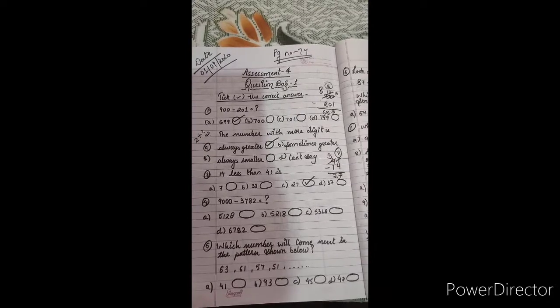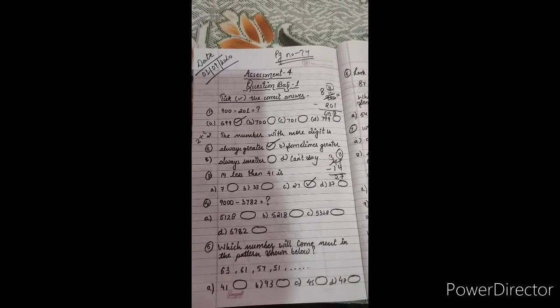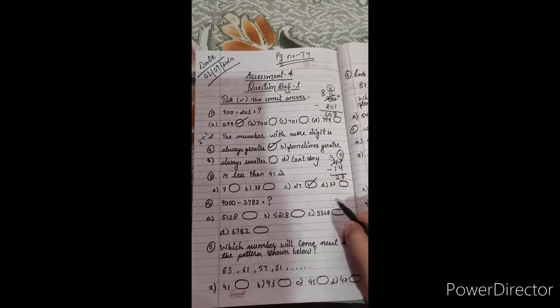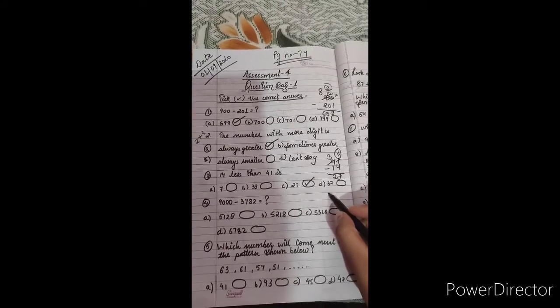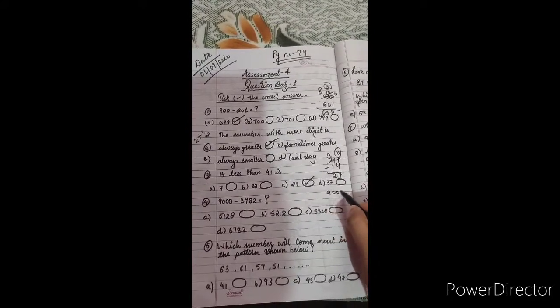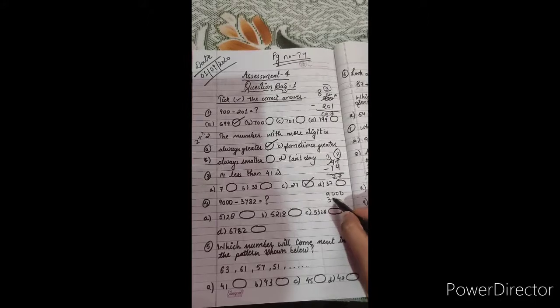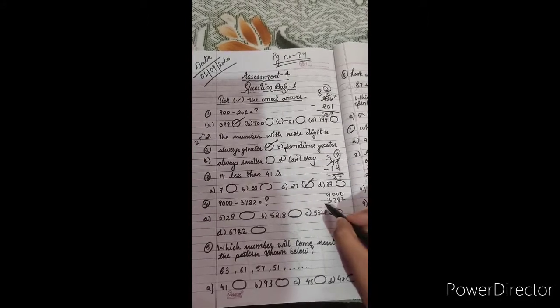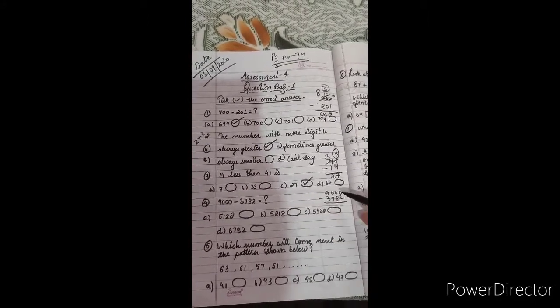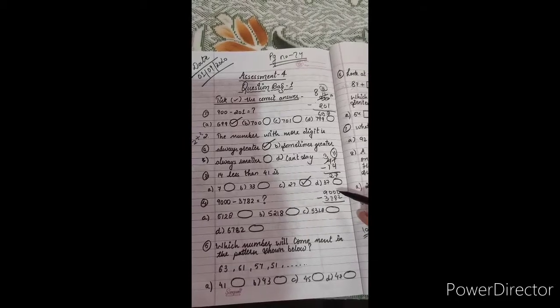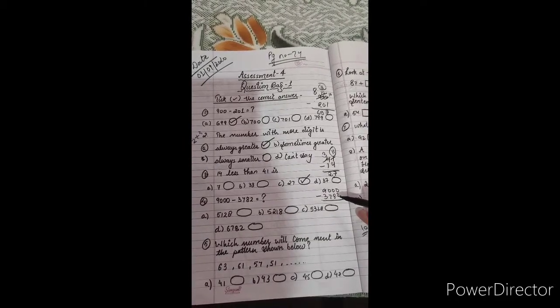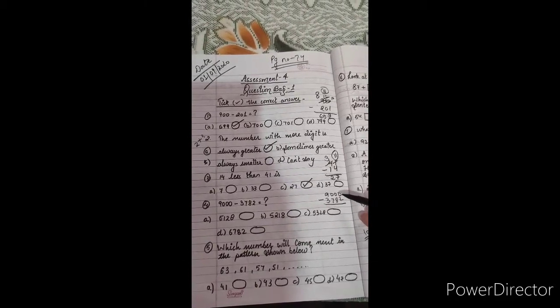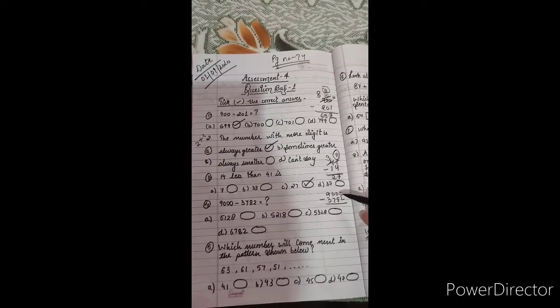Now fourth, 9000 minus 3782. So now we check 9000 minus 3782, subtracting ones. In ones position we want to subtract 2 from 0, but it is not possible.